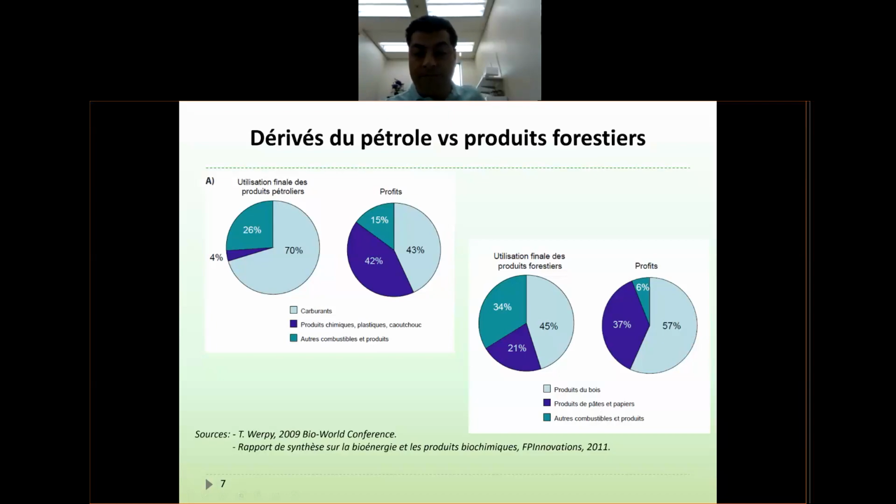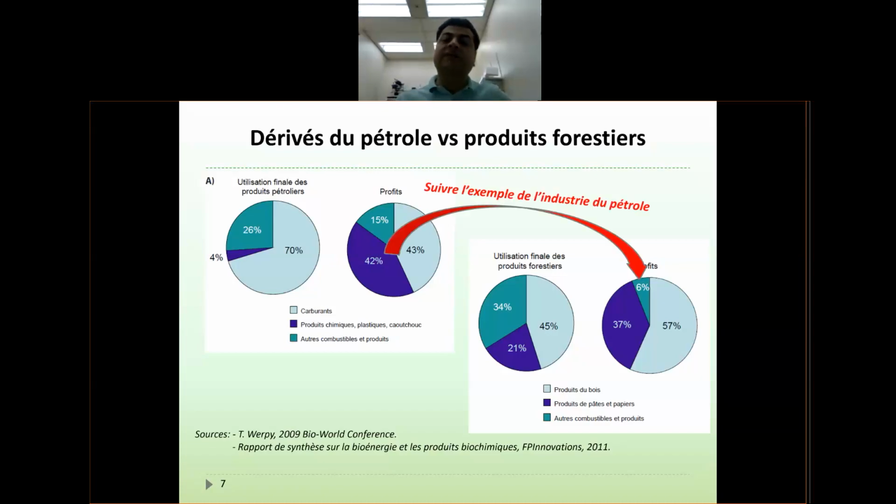Okay, so similar to the one here, and you can see that regardless of the contribution of the total consumption and total profit of each of these products, there is no discussion on chemicals, plastics, rubbers, and whatever, and other value-added products. In other words, we have to learn.